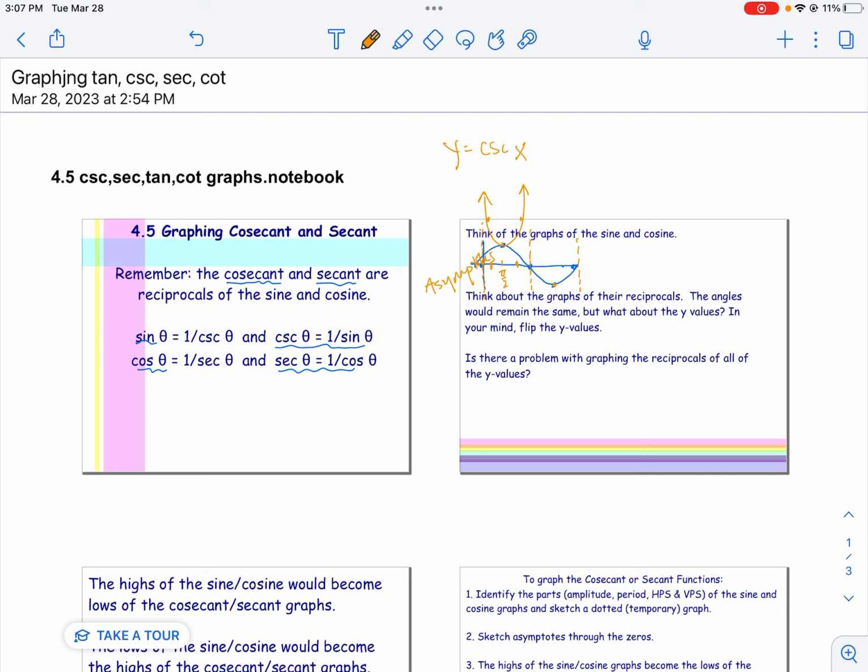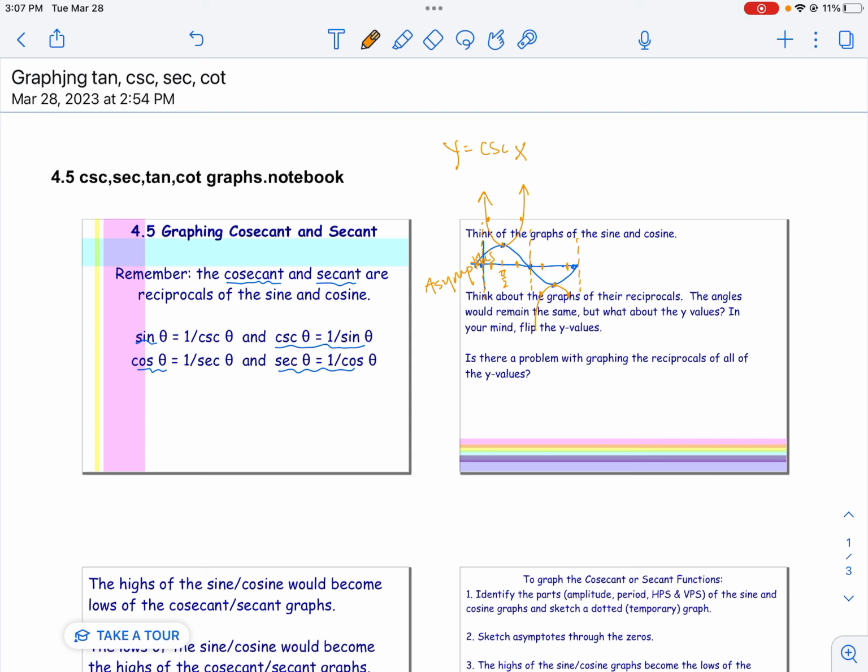Okay, so now over here, if I look at these values, which would be past pi, so that would be 5 pi over 6. The value of the sine is -1/2, and if I flip that over, I get -2. And here, pi over 6, so that would be 11 pi over 6, I would get -1/2, but I flip that over and I get -2.